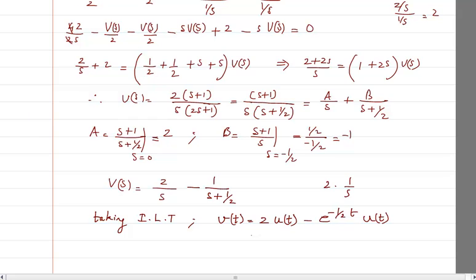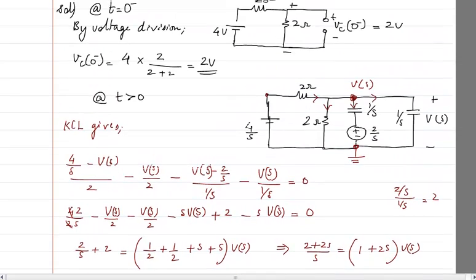Since both have u of t, I can write v of t is equal to 2 minus e raised to power minus t by 2, for t greater than 0. So that is going to be the answer. That's how we solve for this case.